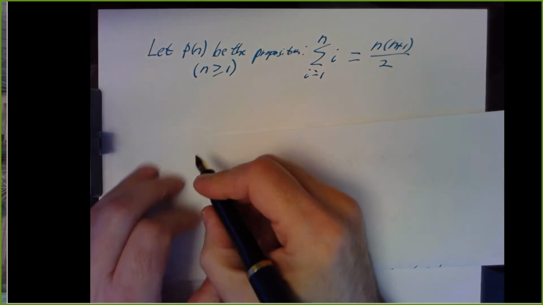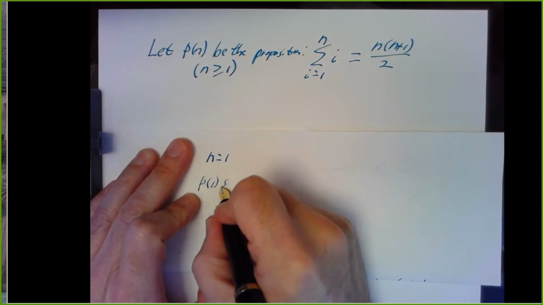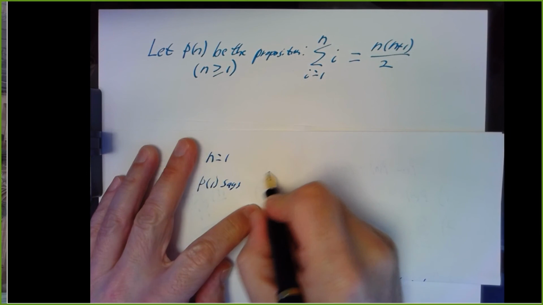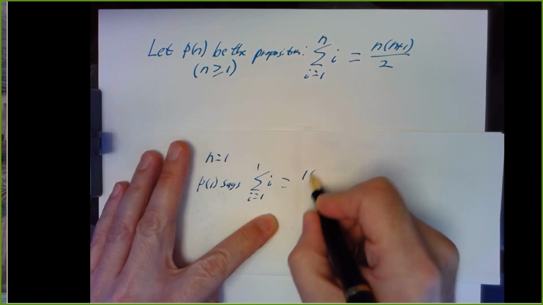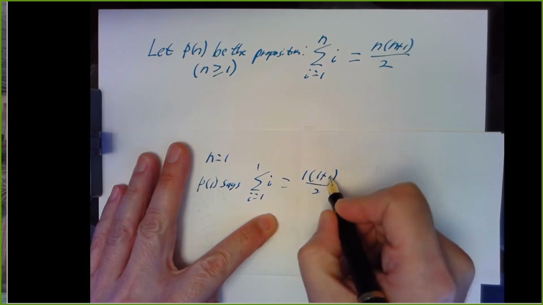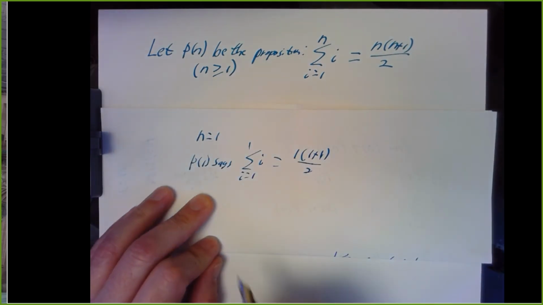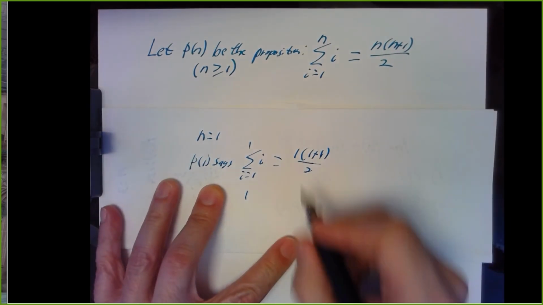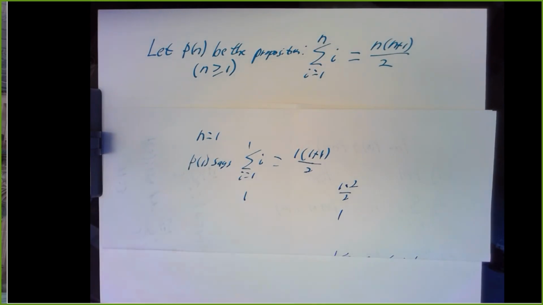For n equals 1, P of 1 is the proposition that the sum from i equals 1 to 1 of i is equal to 1 times 1 plus 1 over 2. The sum from i equals 1 to 1 of i is just 1, and 1 times 2 over 2 is also 1.